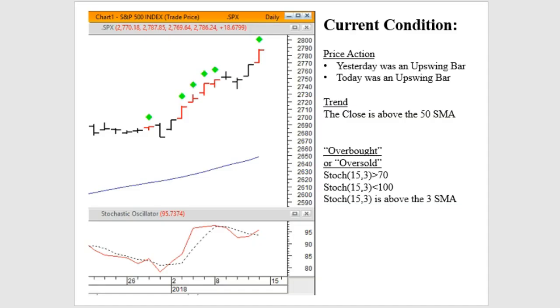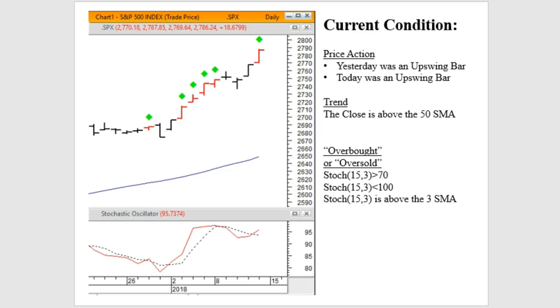All right, the current market condition that we will apply to all three reports is encountered in three different dimensions: price action, trend, and the stochastic situation. So in terms of price action, we've had two consecutive upswing bars with higher highs and higher lows.